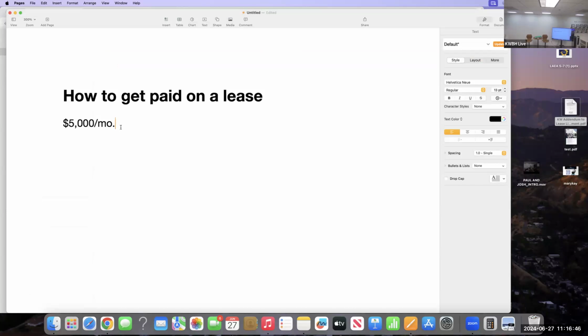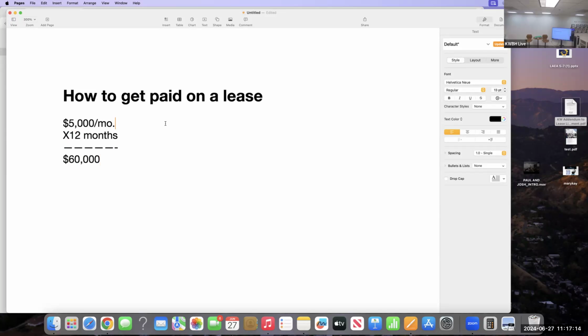So $5,000 a month is the rent. How long is the lease? Is it a 12-month lease, 24-month lease? Let's say it's times 12 months. The total is $60,000. That is the total value of the lease for 1 year, and we get paid a commission on that total value.